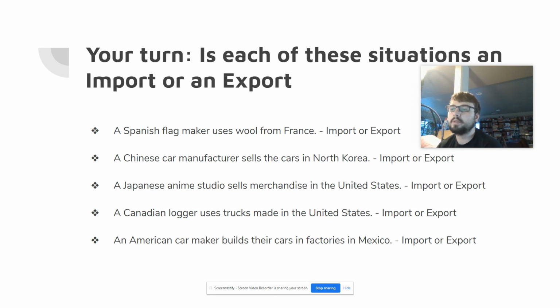Because it starts with a Spanish flag maker, we're going to be talking about Spain. That's the country whose perspective we're going to take here. So is Spain importing or exporting that wool? Well, if they're using that wool and it's coming from France, probably means that Spain is buying that wool from France, which means it would be an import.